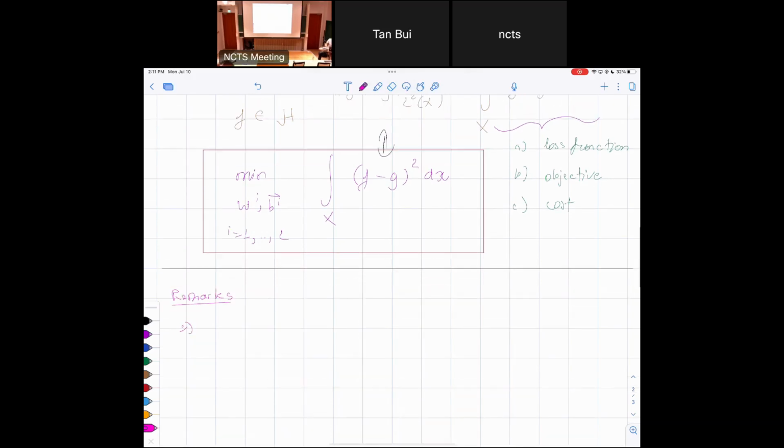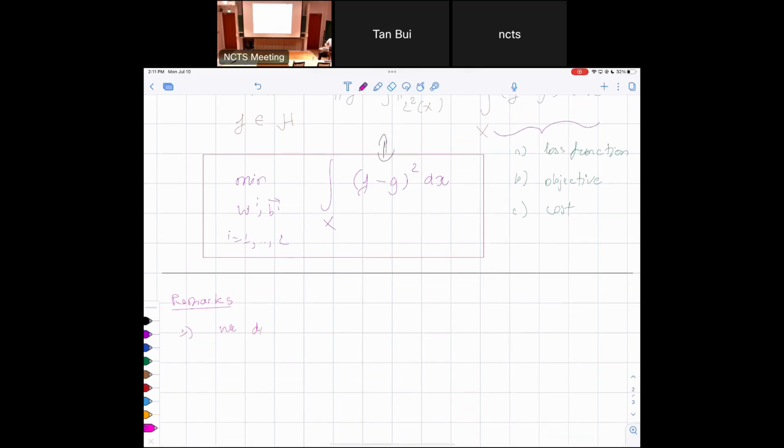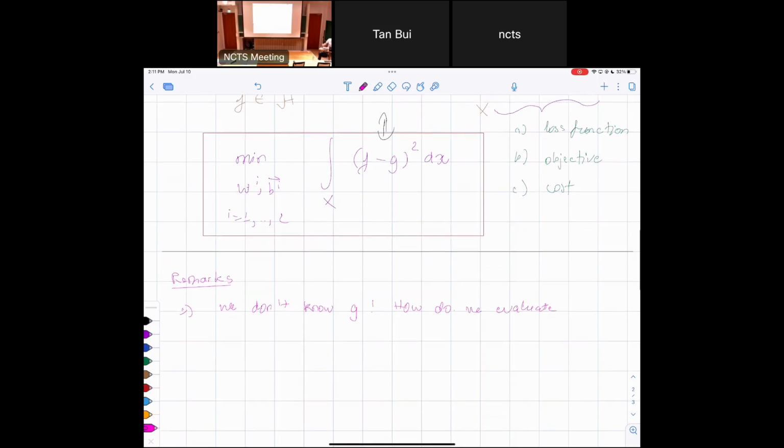So first, we don't know G. And the question is, how do we evaluate the loss function without knowing G?